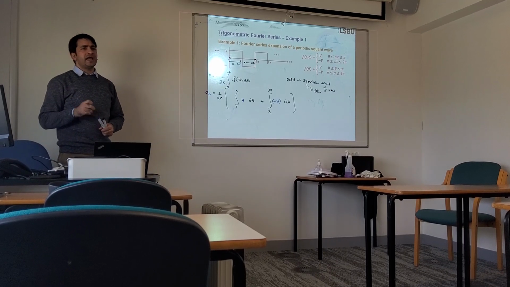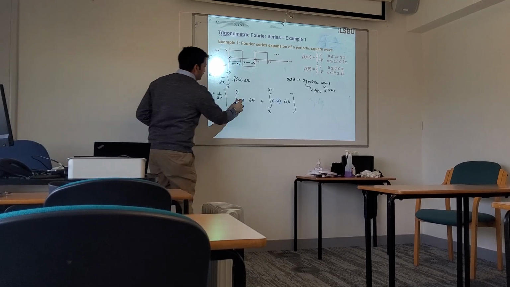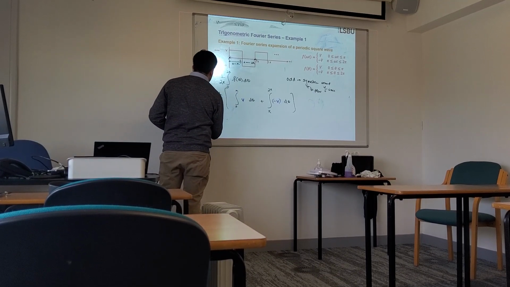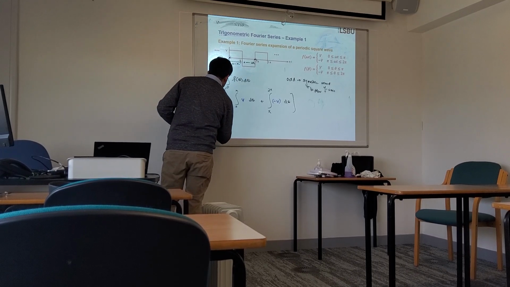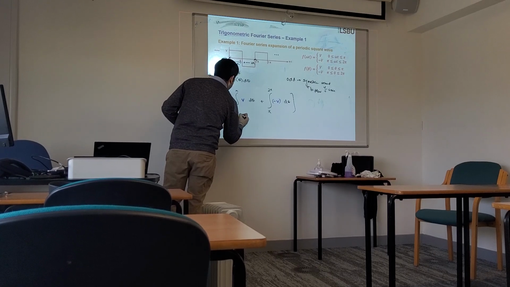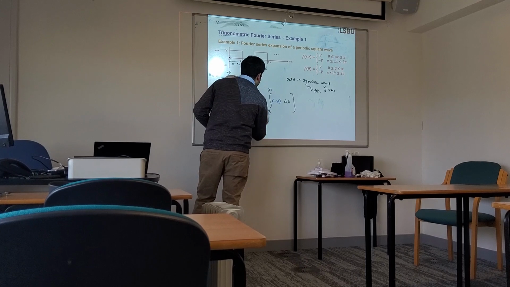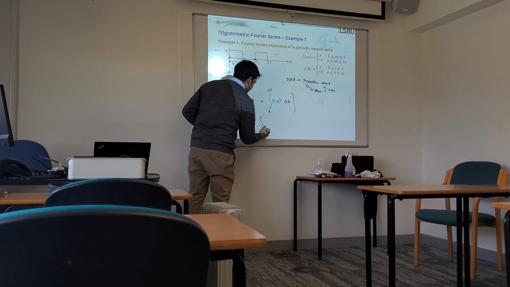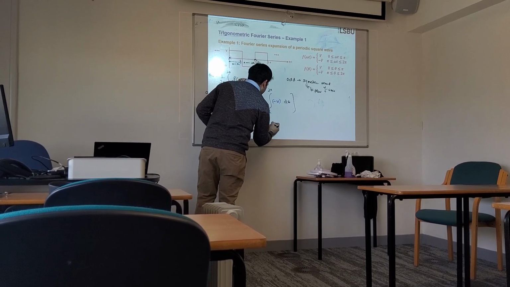The next step is to take everything out which is not a function of the variable theta. So we can take V out. So A naught is V divided by 2 pi, that's a constant, times integral 0 to pi of 1 d theta, minus integral pi to 2 pi of 1 d theta, right?